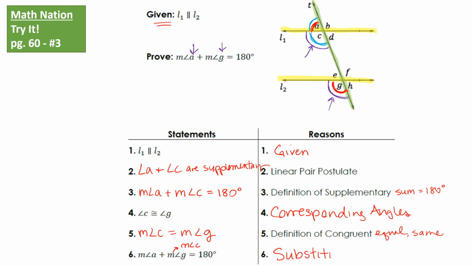I'm substituting in the value. So by substitution, I can prove that the measure of angle A plus the measure of angle G is equal to 180 degrees.